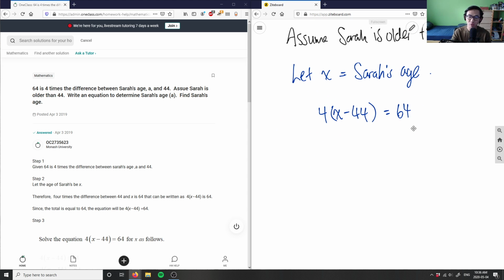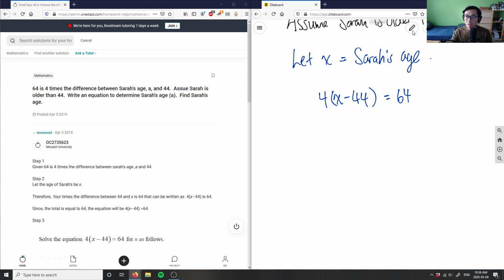We have 4 times x minus 44 equals 64. We can get rid of the 4 by dividing both sides by 4. On the left side, we're simply left with x minus 44. This would equal 64 over 4, and 64 divided by 4 would equal, I believe, 18.